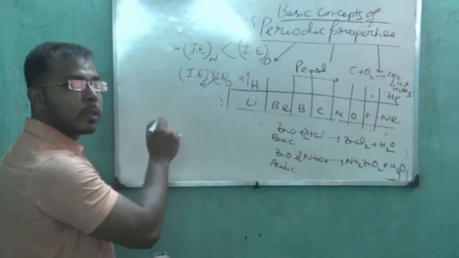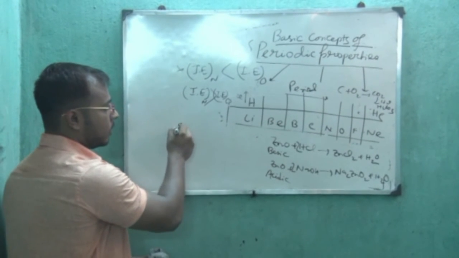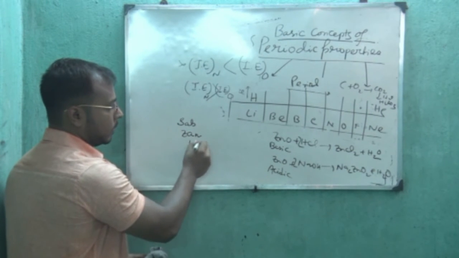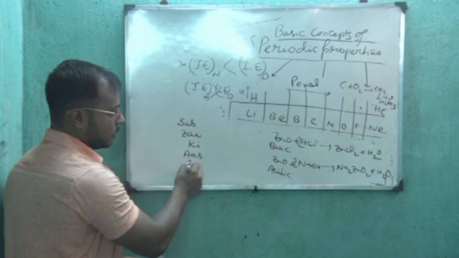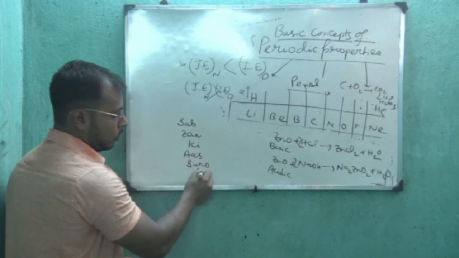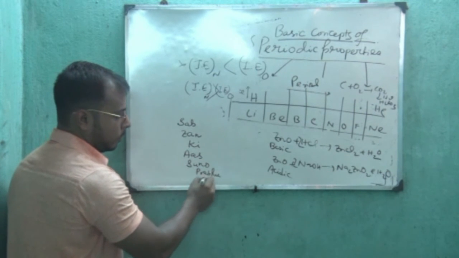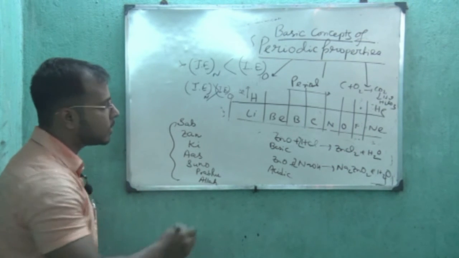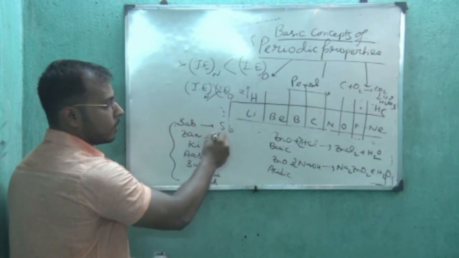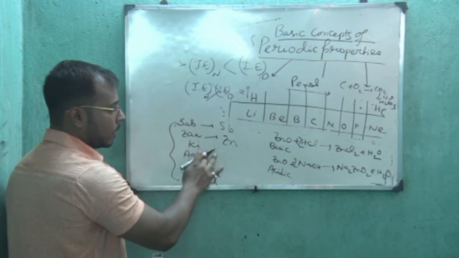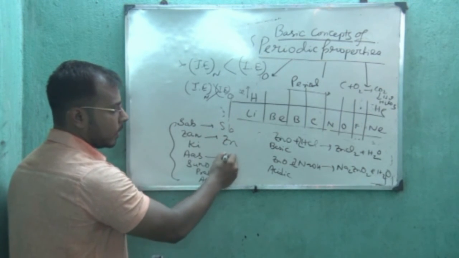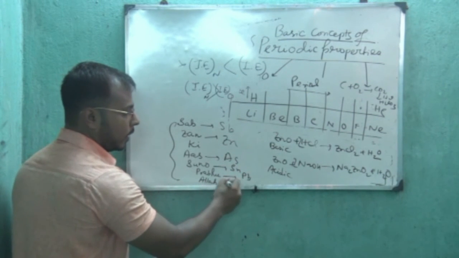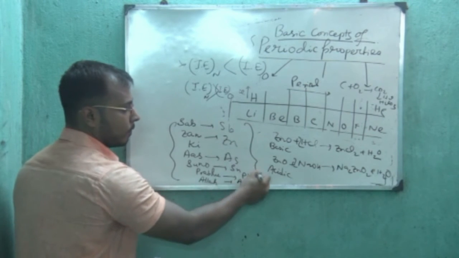So you need to remember this trick: "Sab jan ki aas suno Prabhu Allah." This is the trick. Sab means Sb, then zinc, ki is just connectivity, As, Sn, Pb and aluminium.